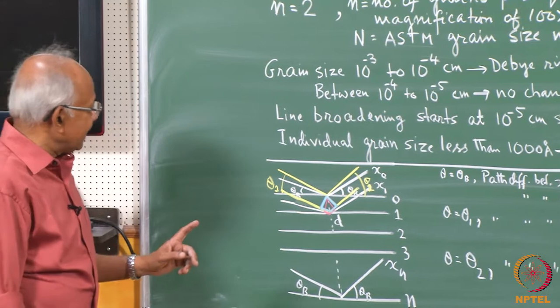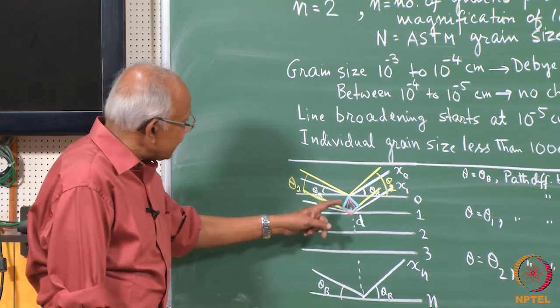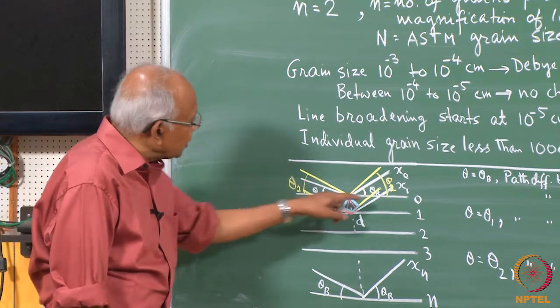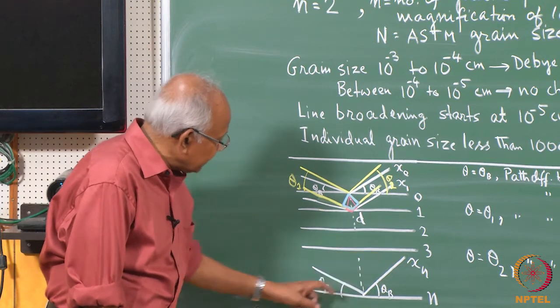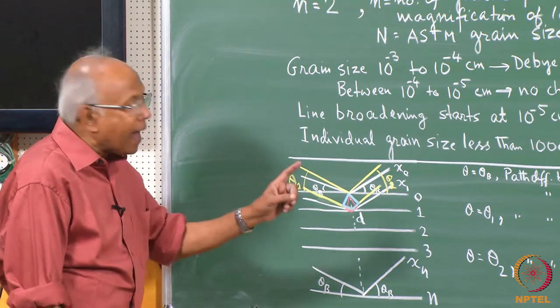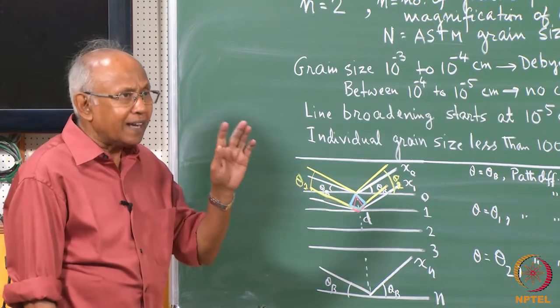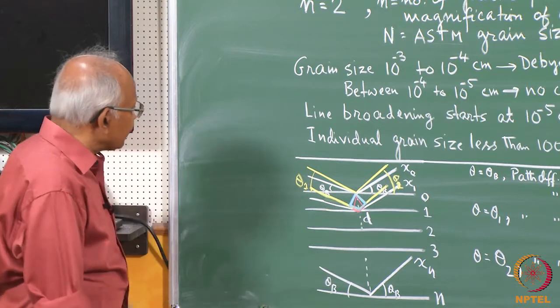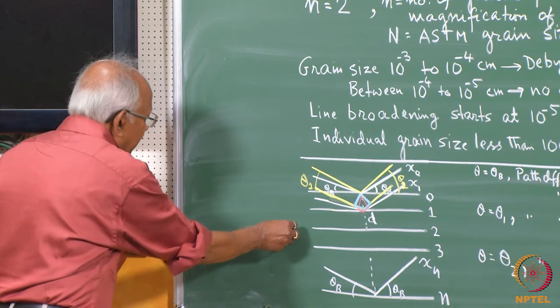If the path difference between the ray x0 from the 0th plane and xn from the nth plane is (n plus 1) lambda, then it is very easy to visualize that within the crystal, somewhere in the middle, there will be a plane.